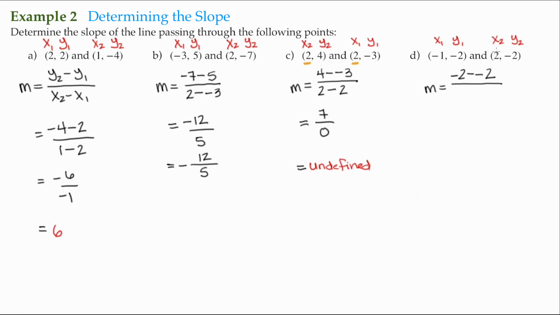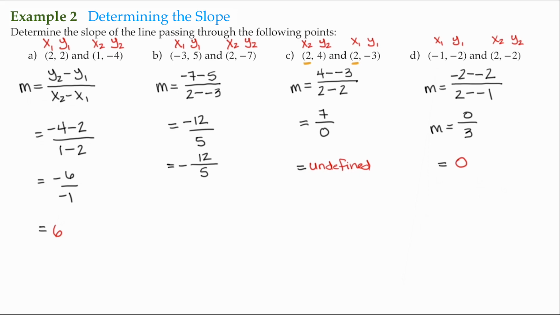And then x sub 2 is going to be 2 minus negative 1. Negative 2 minus negative 2, that's negative 2 plus 2. That's 0. And 2 minus negative 1, that's the same as 2 plus 1. That's 3. Now you can divide into 0, but anything divided into 0 is equal to 0.